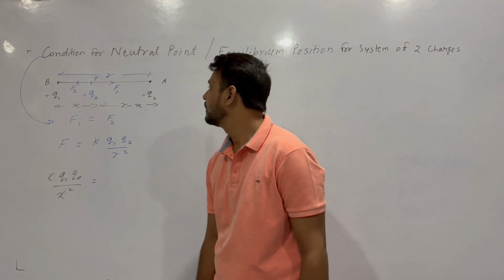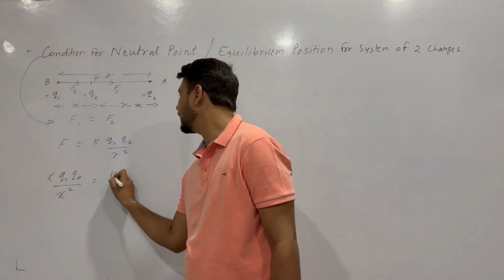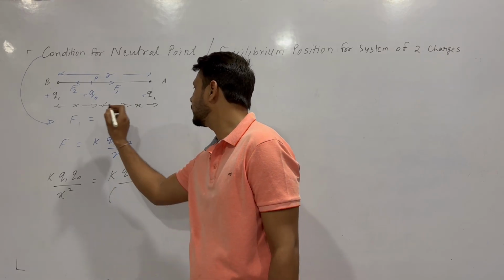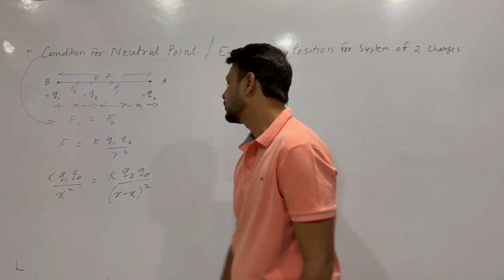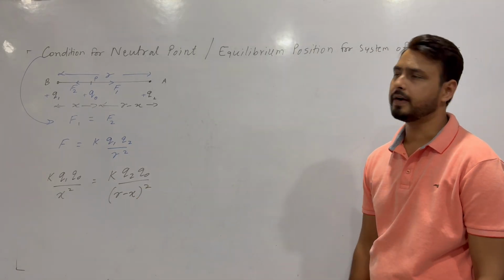And F2 will be equal to K Q2 Q0 divided by the distance between them, which is R minus X whole square. So using this condition, we can determine the position of the neutral point.